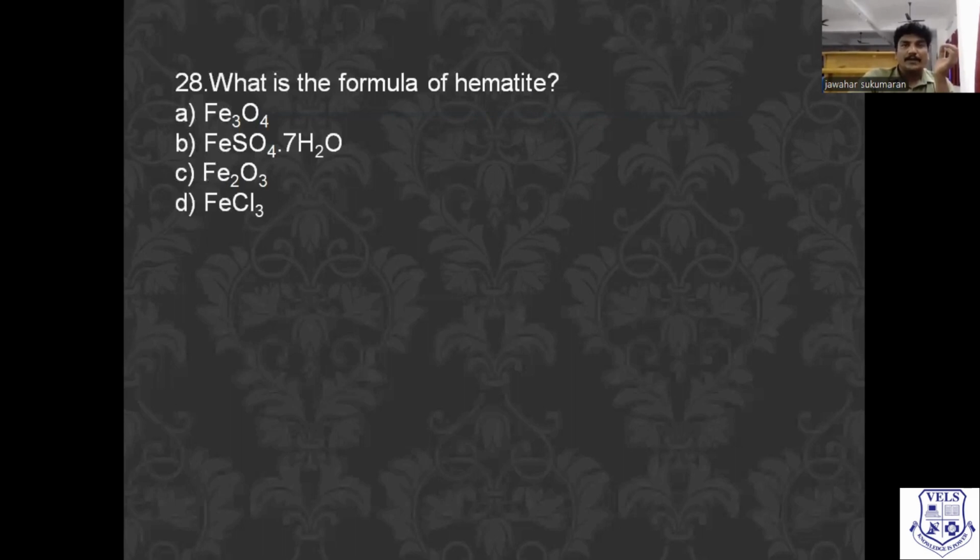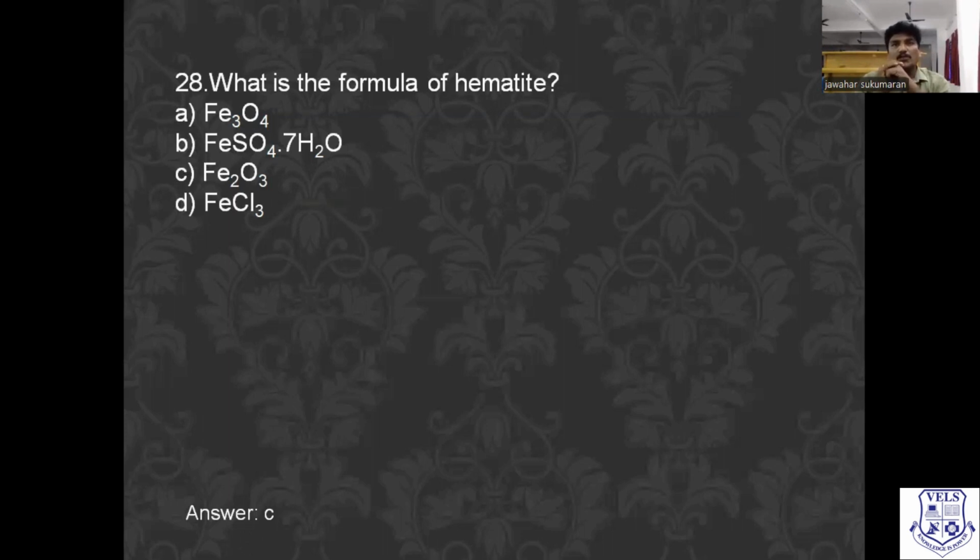What is the formula of hematite? A Fe3O4, B FeSO4.7H2O, C Fe2O3, D FeCl3. Hematite is Fe2O3. Yes, C, Fe2O3, ferric oxide. Ferric oxide occurs in nature as hematite.